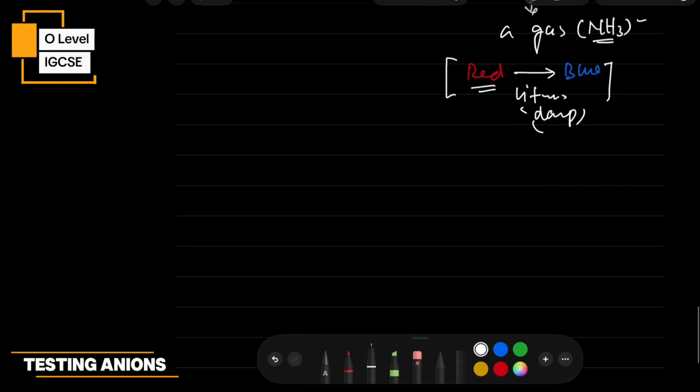The last negative ion is carbonate ion, CO3 2-. Carbonate ions are very simple to diagnose.